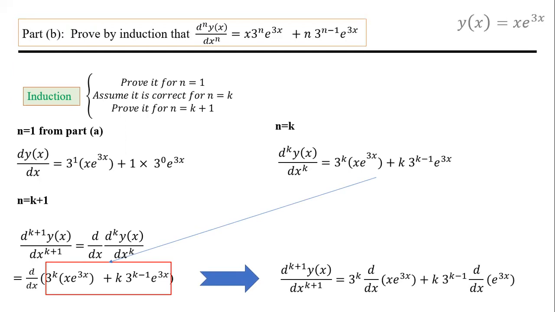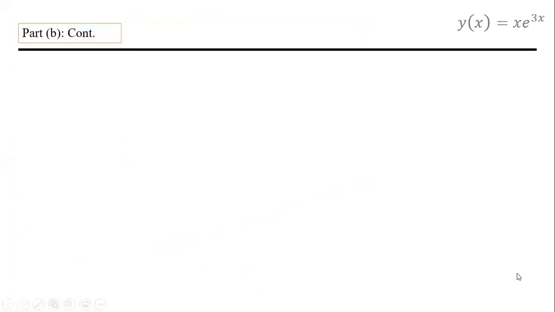So d over dx of 3 to the power of k multiplied by x multiplied by e to the power of 3x is 3 to the power of k, which is a constant, coming out, multiplied by d over dx of x e to the power of 3x. Plus, again, the constant can come out of the derivative: k multiplied by 3 to the power of k minus 1 multiplied by d over dx of e to the power of 3x. So how to calculate this?